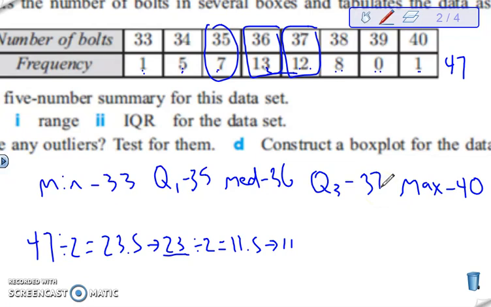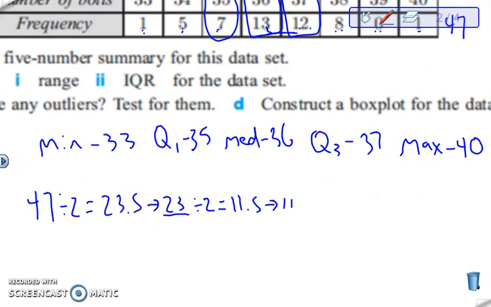All right, so to determine outliers, we said anything that's more than 1.5 times the IQR is an outlier. So when I look at this, my range overall was 7, right? My IQR was the difference between Q3 and Q1, so that's 2.